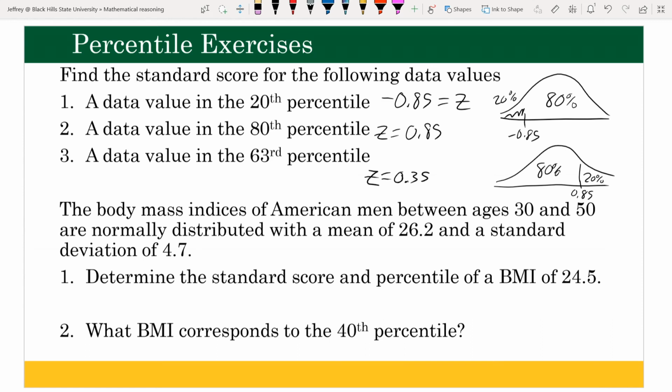So first we're going to find the standard score, or z-score, for the body mass index of 24.5. So z is equal to 24.5 minus the mean, which is 26.2, divided by 4.7. Our z-score is negative 0.36.